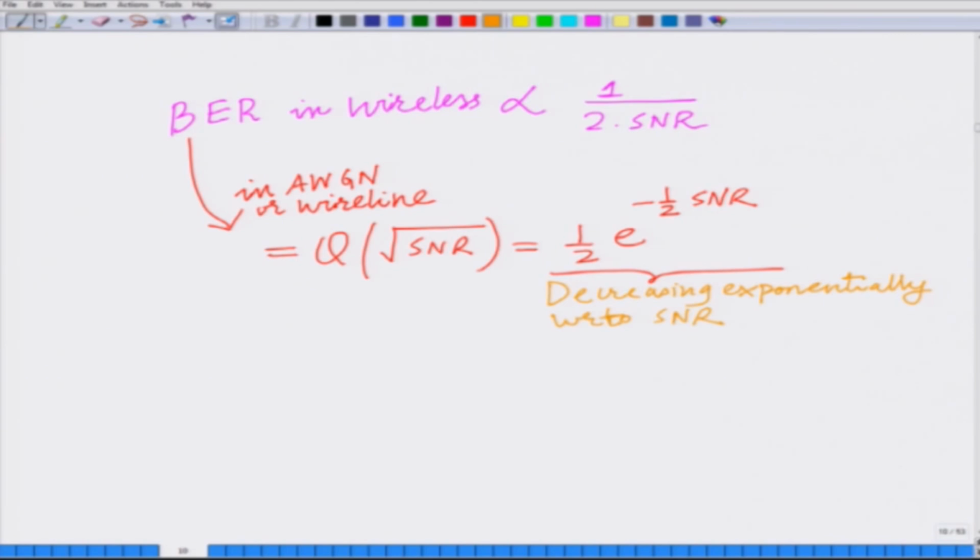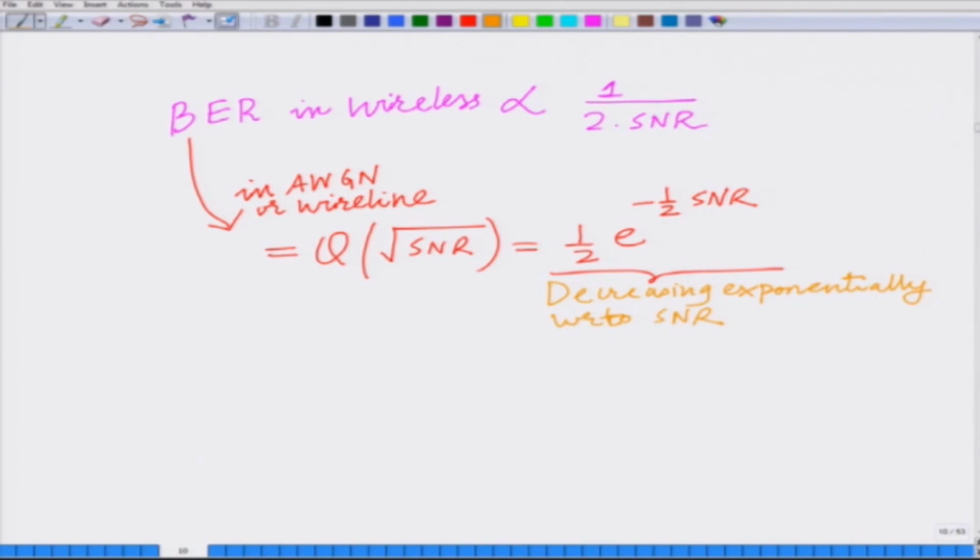So, there is a huge gap in the bit error rate of a wire line communication system versus a wireless communication system. This is because in a wire line system it is decreasing exponentially, while in a wireless communication system it is only decreasing as 1 over SNR, and that is the very important difference between the performance of wire line and wireless communication systems.